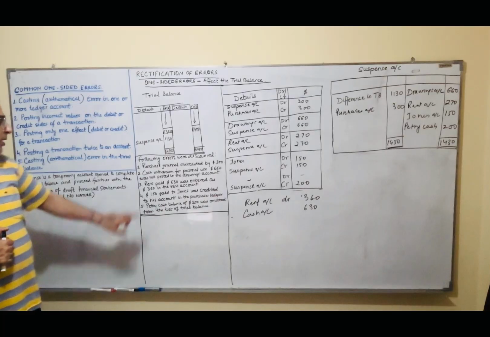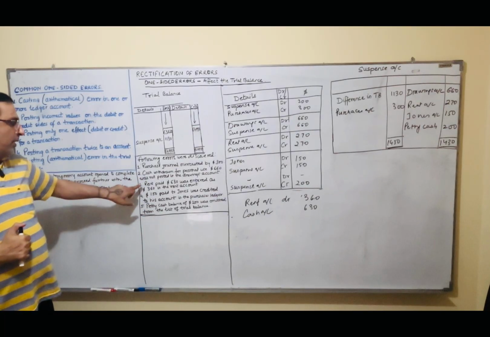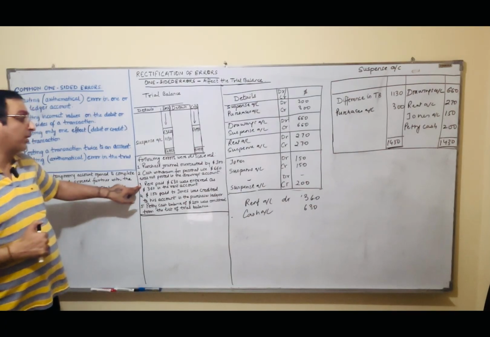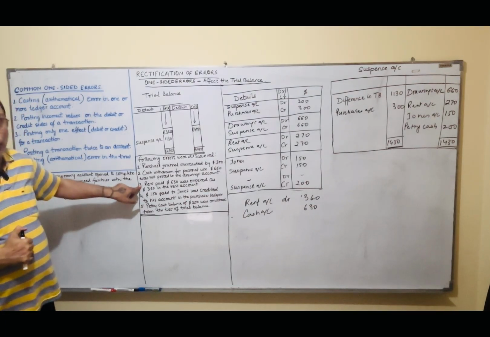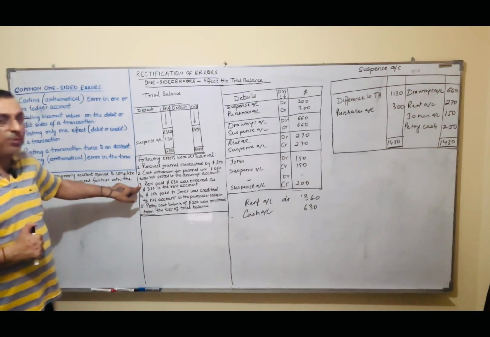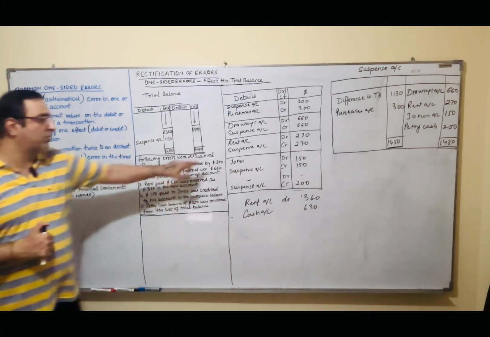Next, rent paid 630 was entered as 360 in the rent account. The mistake was in the rent account, not in the cash account. The entry we normally pass when we pay rent is rent account debit, cash account credit, right? So we replace cash with suspense.